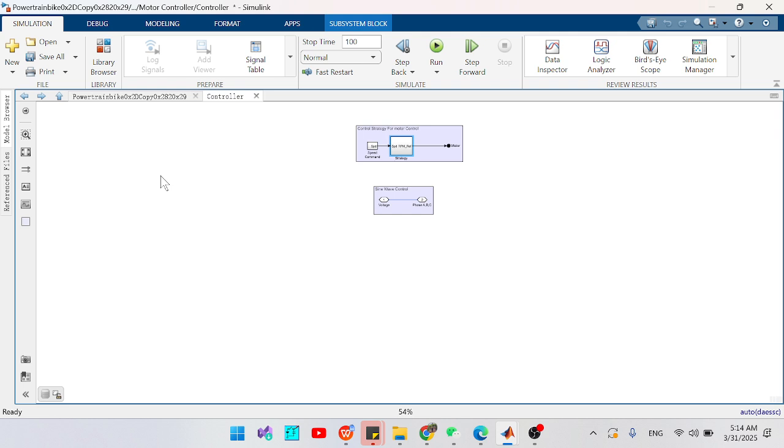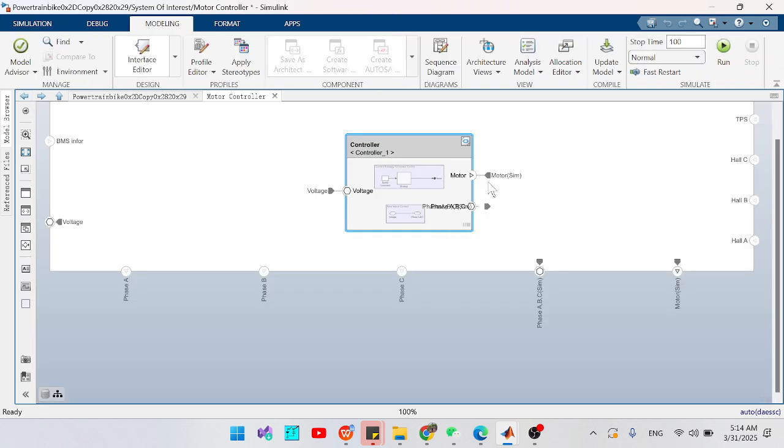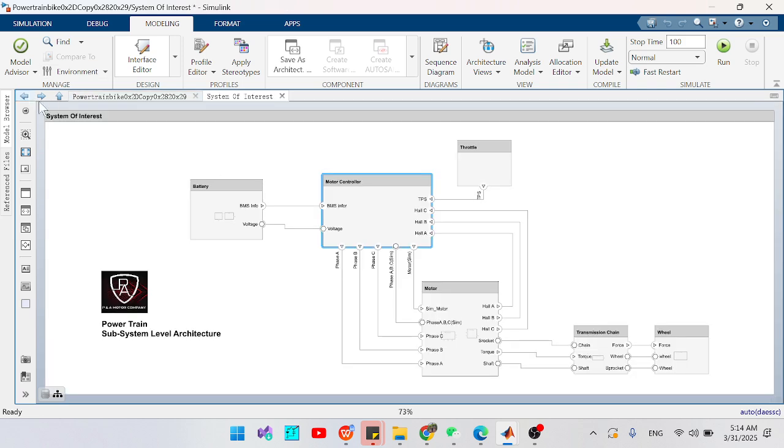That part is the motor controlling part, but for the sake of the model, as I've mentioned a lot of times, we have to consider a lot of things. So this signal is going directly to the motor.